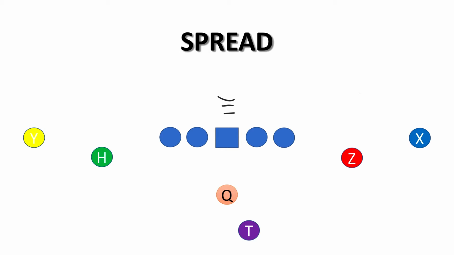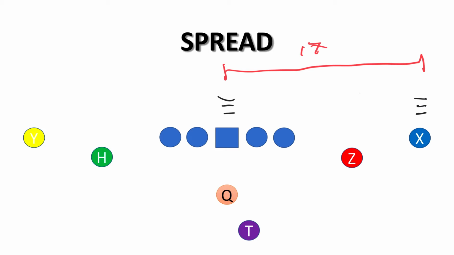The widest your outside receiver should be is on the other hash, okay? And yes, that's right. That's 17 1/3 yards, because if you split the football field into thirds, it'd be 17 1/3, right?